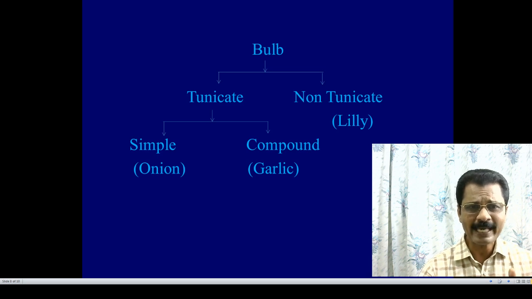What do you mean by tunicate? Tunicate means you can see a covering outside the bulb.